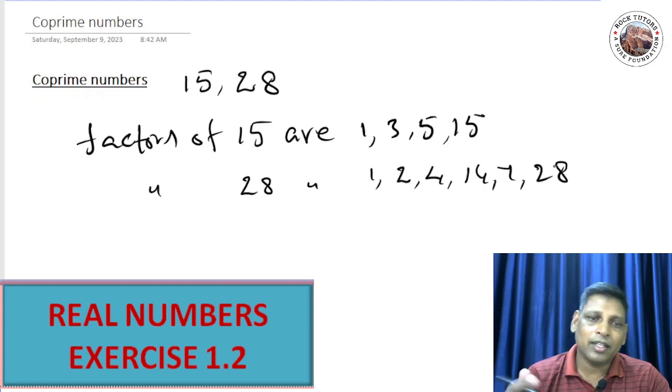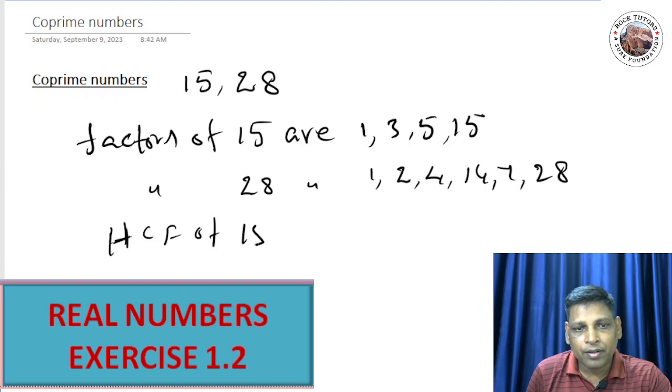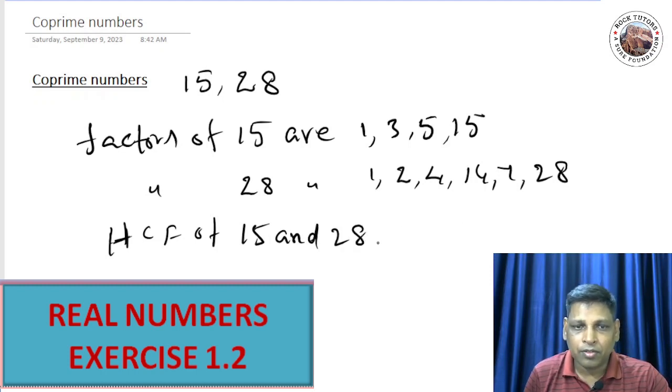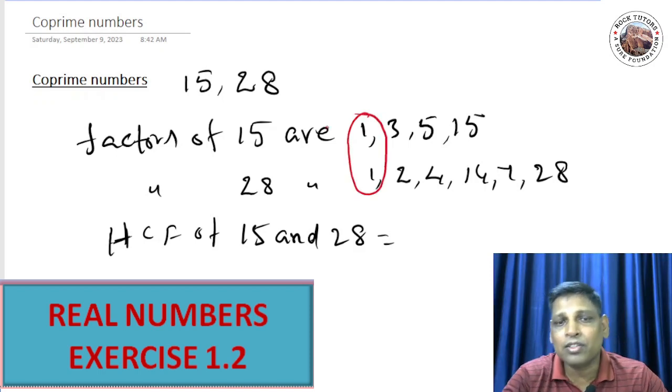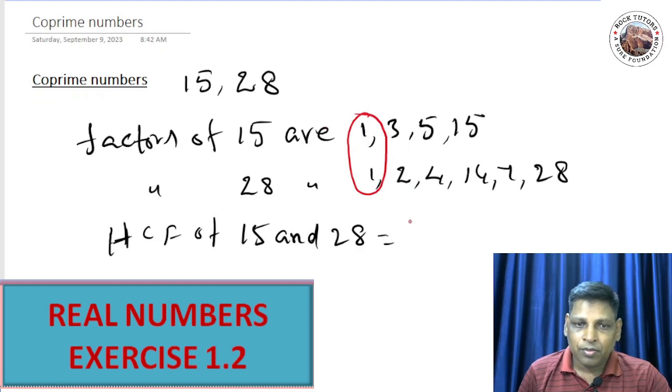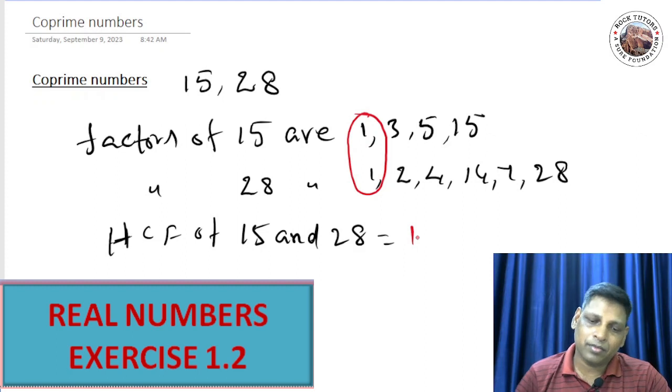If you see, what is the HCF of 15 and 28? Here you can see that only 1 is the common factor. The highest common factor is only 1. Then we can say that 15 and 28 are co-prime numbers.